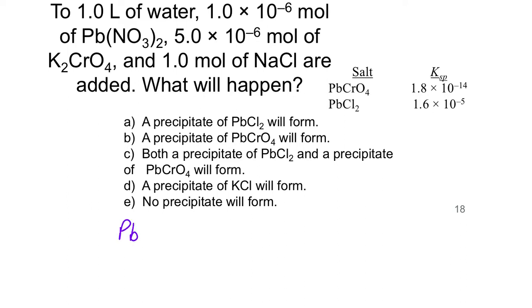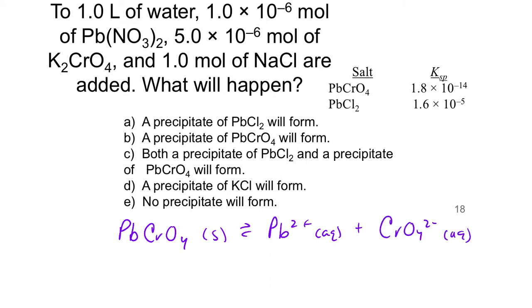For our lead chromate, we have lead 2+ and CrO4 2-. QSP equals the lead concentration times the chromate concentration. The lead concentration comes from the lead nitrate.